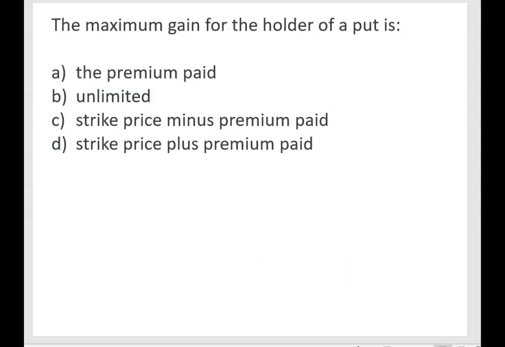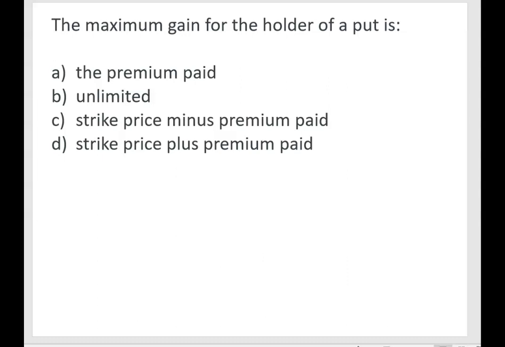The maximum gain, though, is not unlimited. It is for the holder of a call option because they can buy the stock at a fixed price and sell it when it goes up. Well, if they have a put option, they can buy the stock when it's cheaper and sell it at a fixed price. But there's a limit to how low a price of a stock can go, can't there? Right? It can't go below zero. But remember, before you can show a profit, you have to cover your expenses.